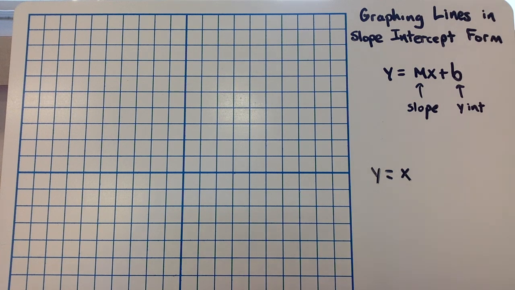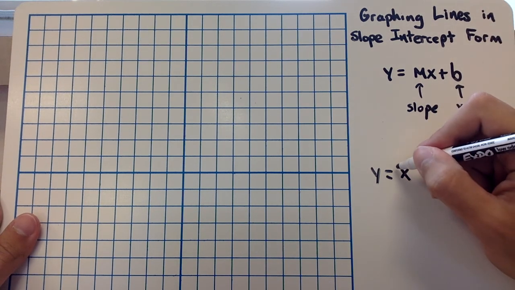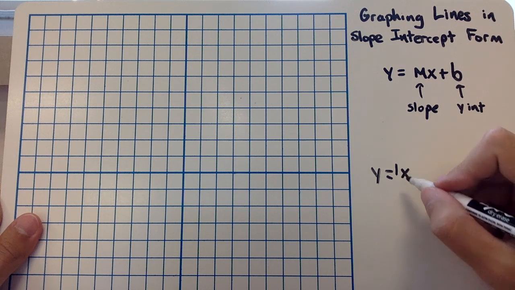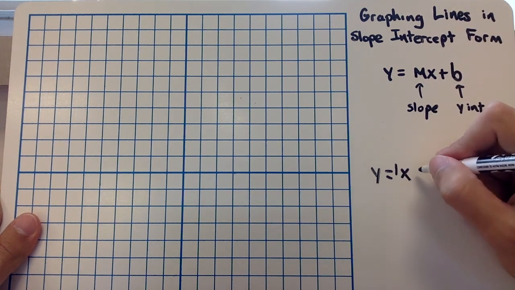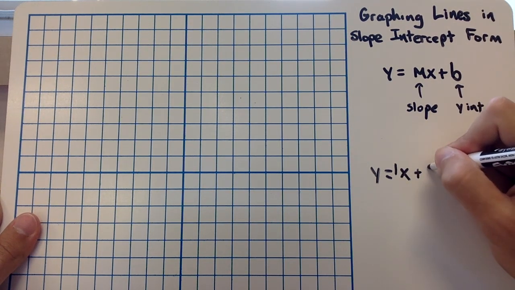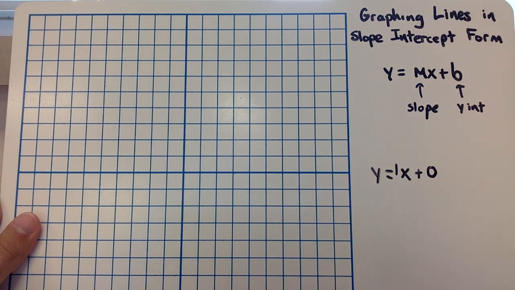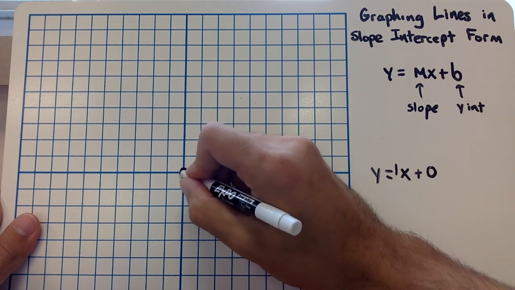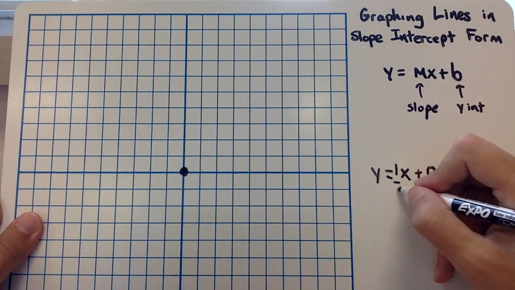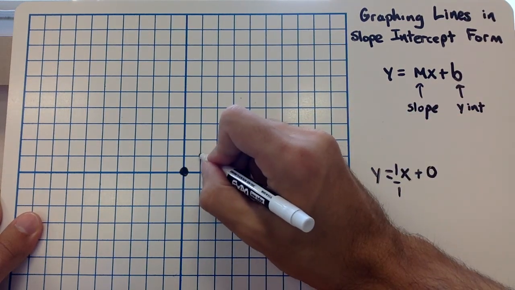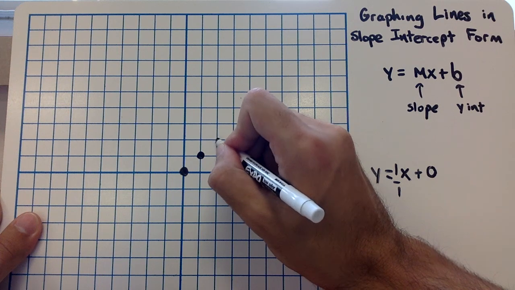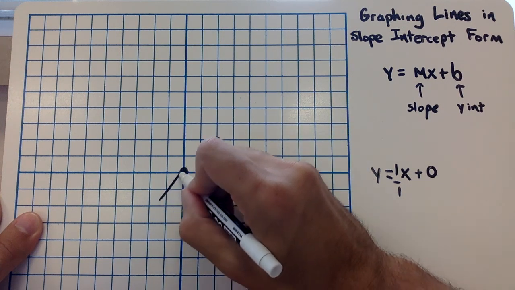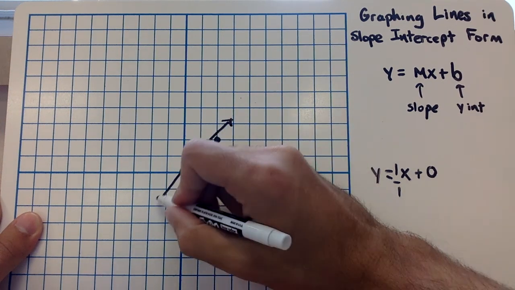So in this problem, we're going to put a 1 in front of this x. So we have a 1 for our slope, and we aren't adding anything. So that's like having a plus 0 over there. So I'm going to start at 0 on this problem, and my slope is a positive 1 over 1, up 1 over 1. I would get a second dot. I could keep going up 1 over 1, and I would connect these into a line.